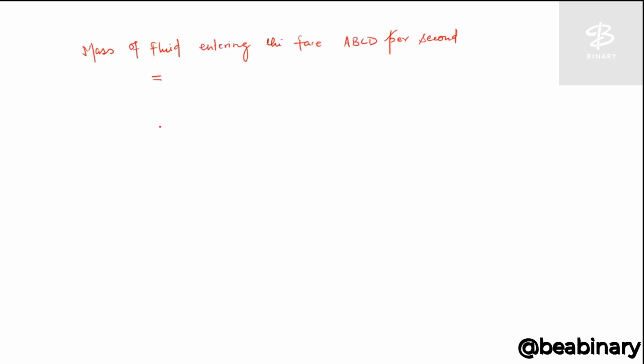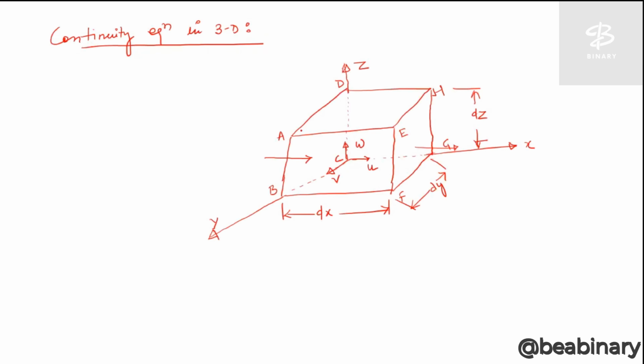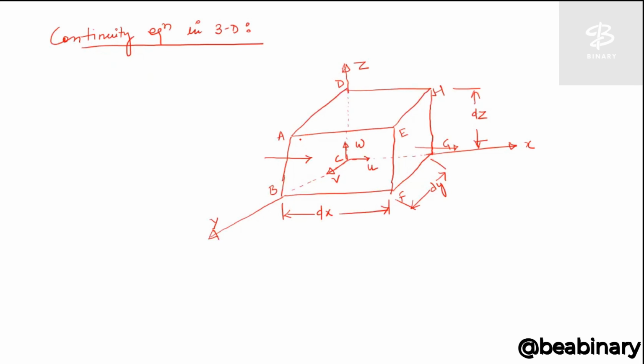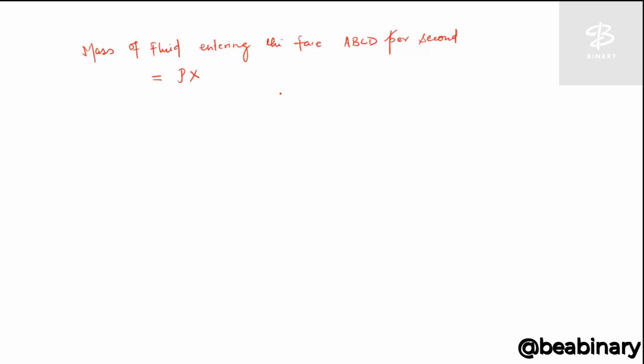That is rho A V, where A is the area, that is dy into dz, and the velocity in the x direction is u.